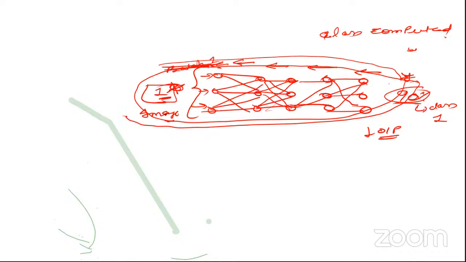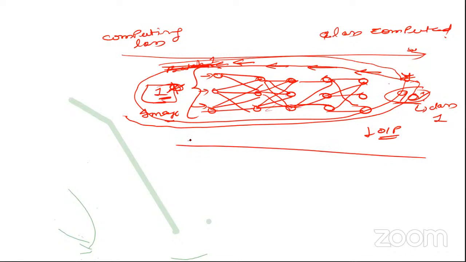This is epoch 2. So in one direction you are computing the loss, and in the other direction you are updating the weight and bias.